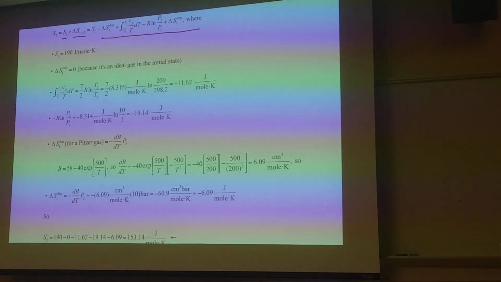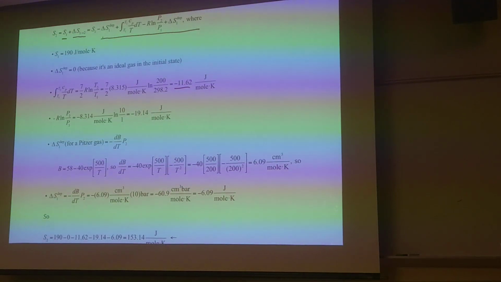The departure in the initial state is 0 because it's an ideal gas. And the Cp over T dT integrated between T1 and T2. Luckily here we have the heat capacity is just a constant at 7/2 R. So that works out to be 11.62 joules per mole K. Then the minus R log P2 over P1, that just means plug in the numbers and do it, minus 19.14.